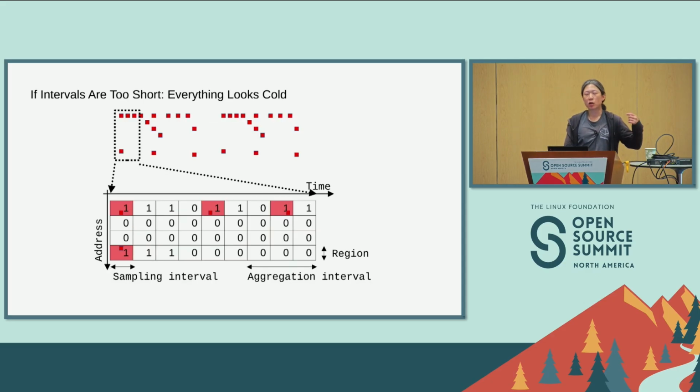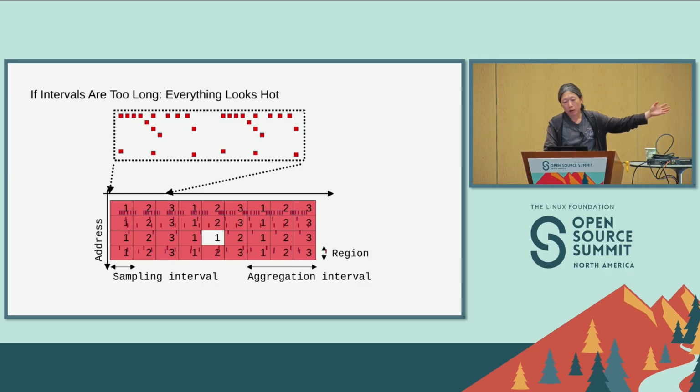And if intervals are too short, let's say that we zoom in to the real access on time space, and we keep the sampling interval and aggregation interval very short, then everything looks cold, right? In contrast, if the intervals are too long, then everything looks hot, like this.